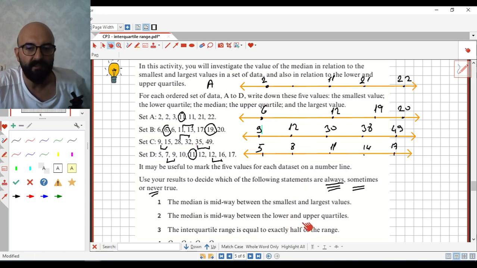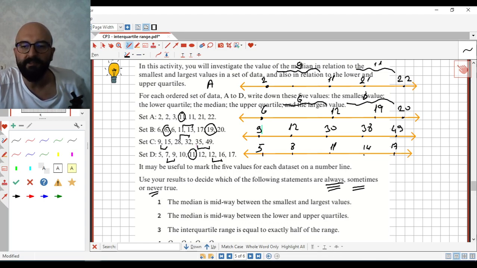For example, the ranges are 9, 11, 6 and 8.